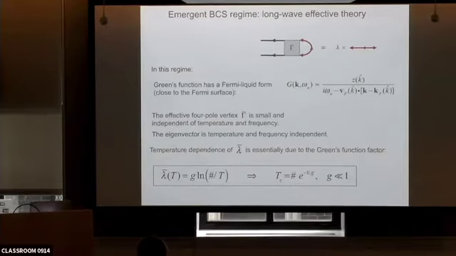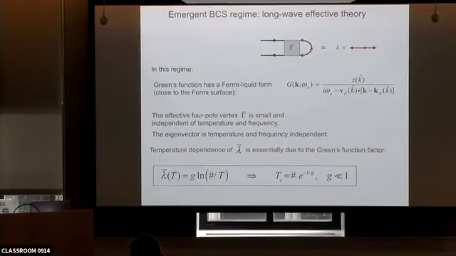Correspondingly, the eigenvector is also essentially structureless, and all the temperature dependence of this eigenvalue lambda comes from those two Green's functions. So if we do the integration here, we'll see that the temperature dependence essentially comes in the form of a certain log of inverse temperature with a certain scaling constant.